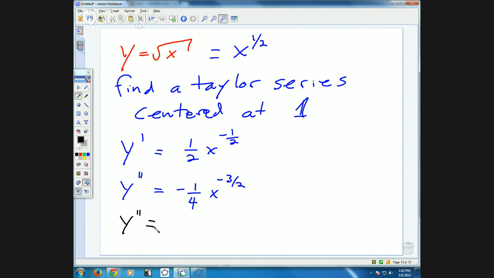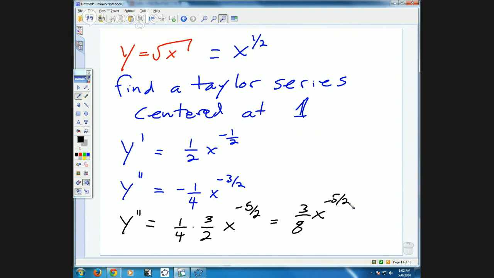Negative times a negative is a positive. 1/4 times 3/2. Yeah, that'd be 3/8, correct? x to the negative 5/2. So this is really 3/8 x to the negative 5/2.